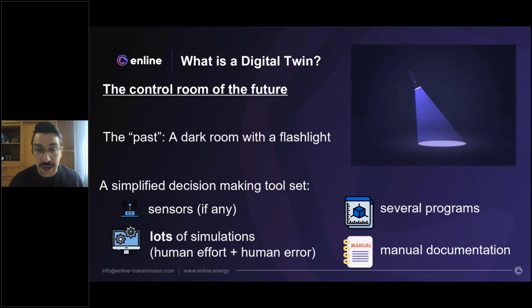They have to analyze these cases by themselves. They have to run multiple programs at once, and also rely on lots of manual documentation to make their decisions. So this is the environment, this logic of tools and processes, that drives a control room. I would say nowadays, of course, it's evolving with time. Depending on the country, it will be more developed than others, but this is the broad perspective that we have nowadays.